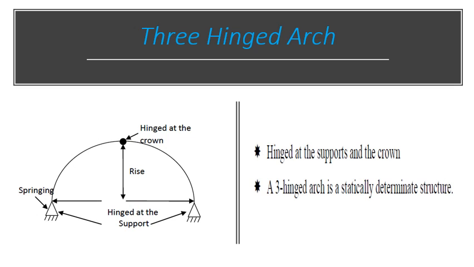As you know, in the last session we have seen a three-hinged arch is an arch which has, along with the two hinges at the support level, one extra hinge at the crown level, and because of the hinge at the crown level, a three-hinged arch is a statically determinate structure.